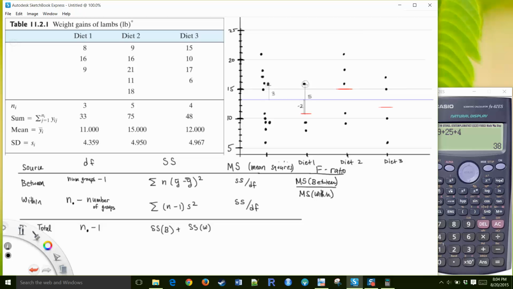okay? F tables are weird. Our book chooses to represent the F table with a series of 10 or 12 tables, or 10 tables, I think.